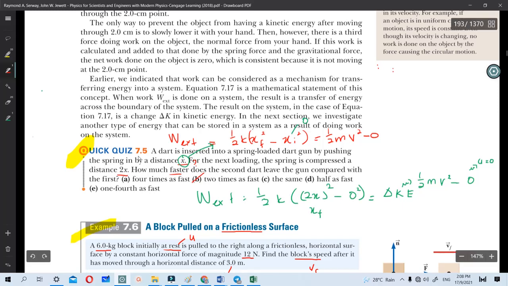So we are going to divide these two expressions. Just take the final: half k for 2x squared, equivalent to half m v for 2x.